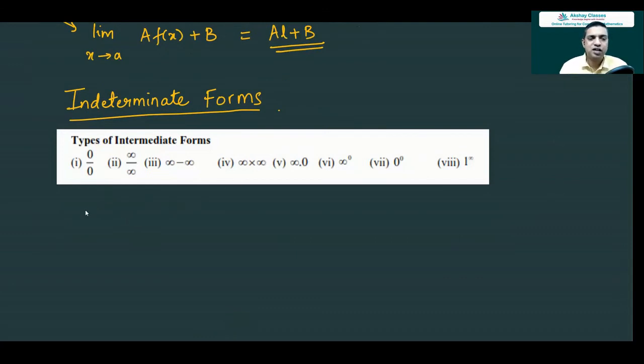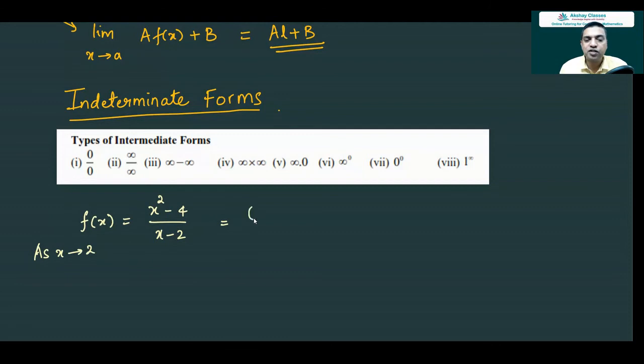So suppose f of x is numerator by denominator, for example, x square minus 4 by x minus 2. Now, when x is approaching 2, what happens?